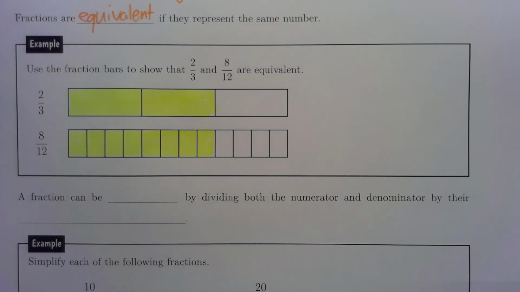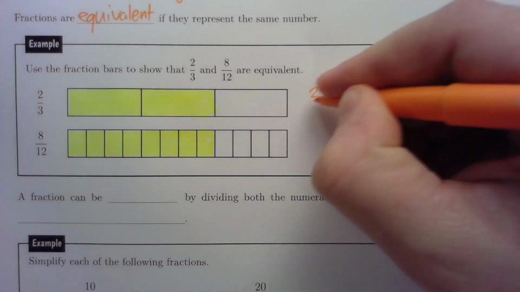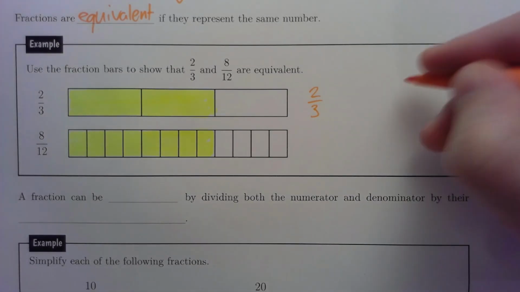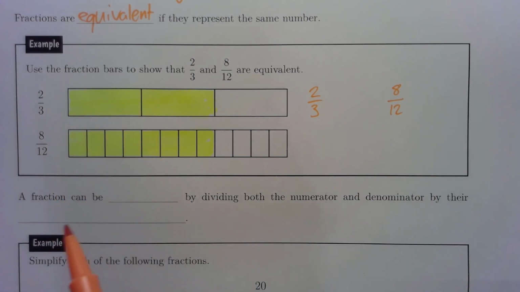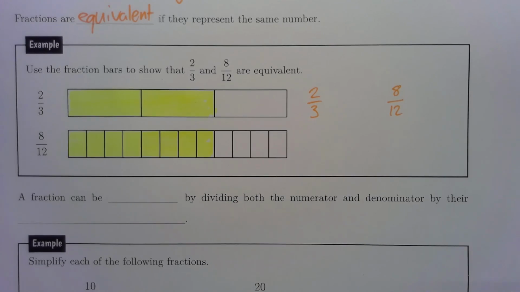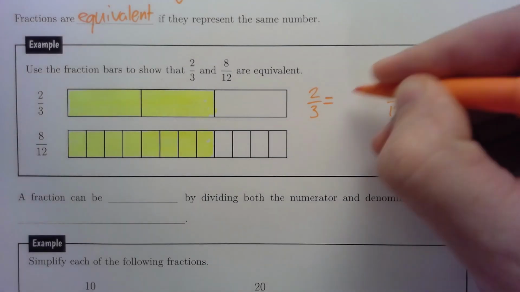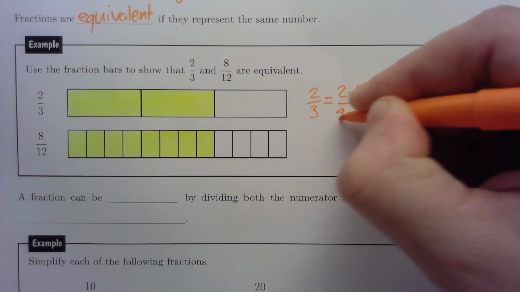So let's look at how we could actually work out that these fractions are equivalent without involving a diagram. Notice that for every one section in the 2/3 bar, we get 4 sections in the 8/12 bar. Really, these fractions are the same, it's just in 8/12 we've split each section into 4 further sections.